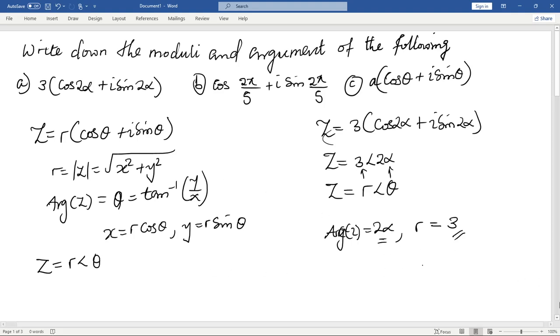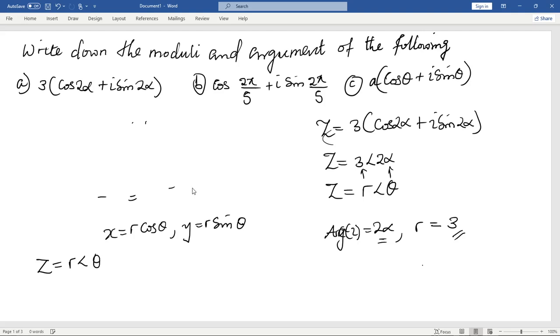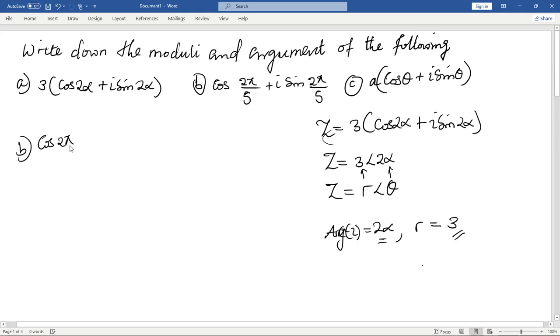Now let's look at B. Here we have cos 2 pi over 5 plus i sine 2 pi over 5.